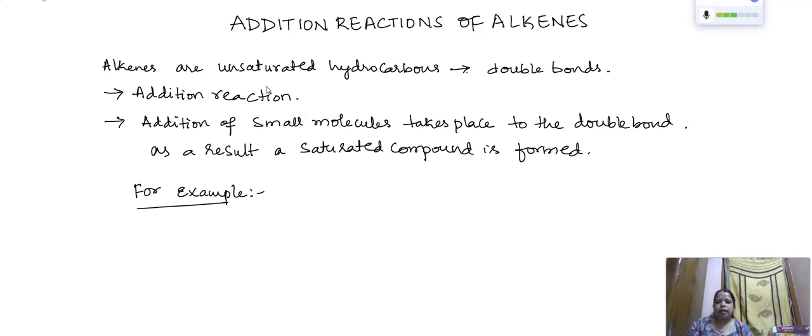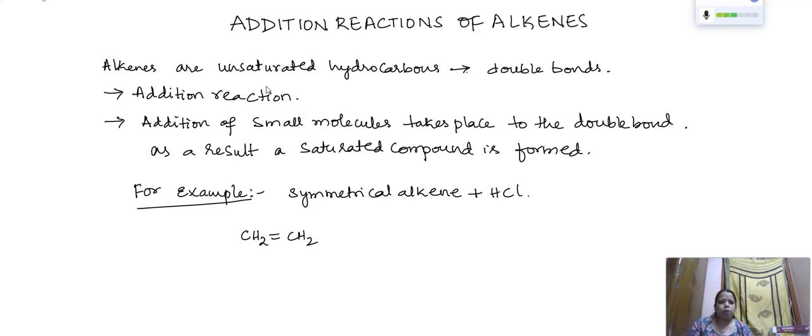If we take a symmetrical alkene, that means one which does not have any variation in the carbon chain, the best example we can take is ethene. The formula of ethene is CH2=CH2.